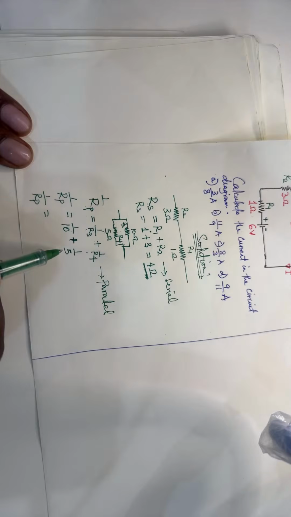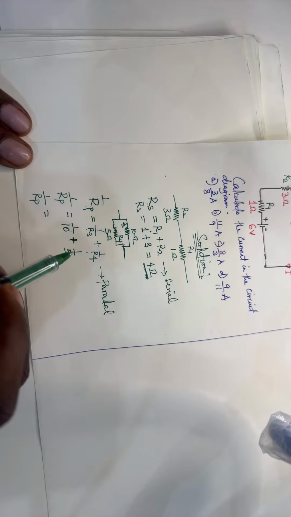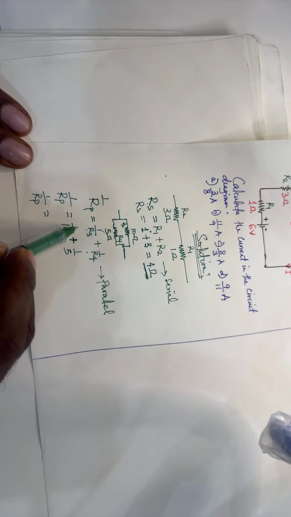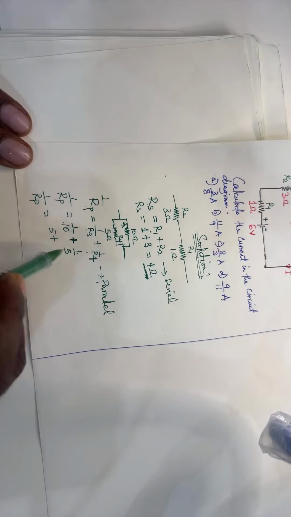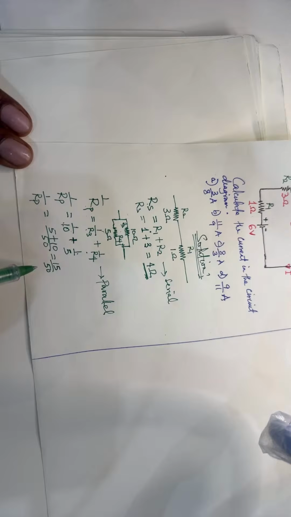The LCM of 10 and 5 is 10. But the way I like to do it, 5 times 1 gives 5, plus 10 times 1 gives 10, divided by 10 times 5 which gives 50. So 5 plus 10 gives 15, 15 divided by 50. But if you follow this method, the value will be very, very big for you.